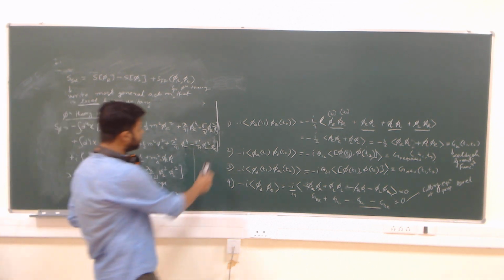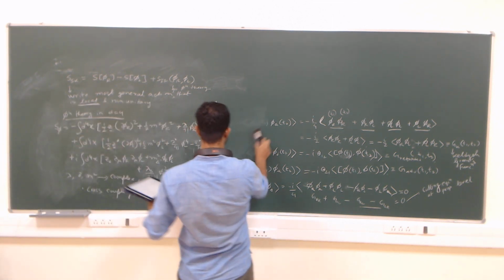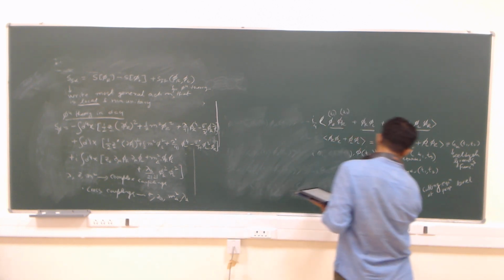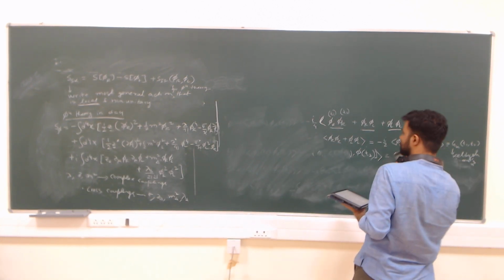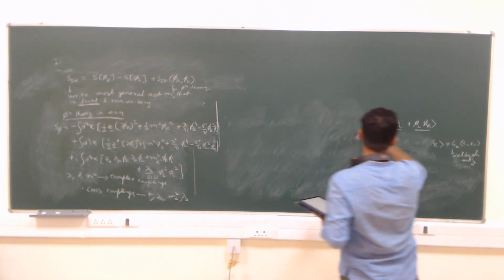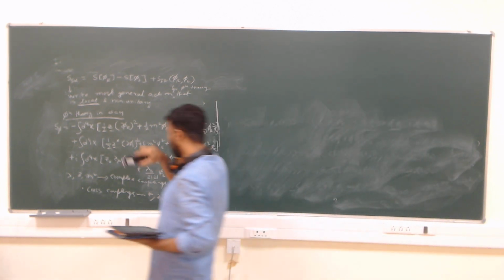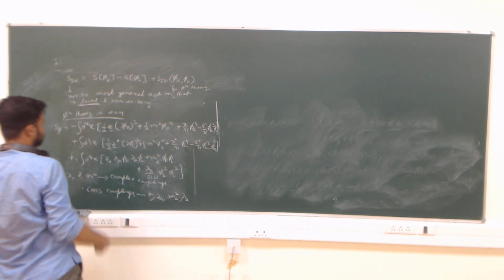So our idea will be to study this theory or this action as a deformation from a unitary version of this action where there were no mixed terms and also no complex parts here.